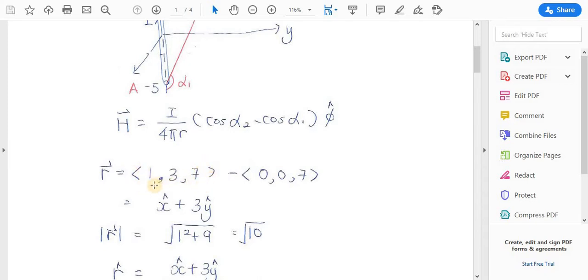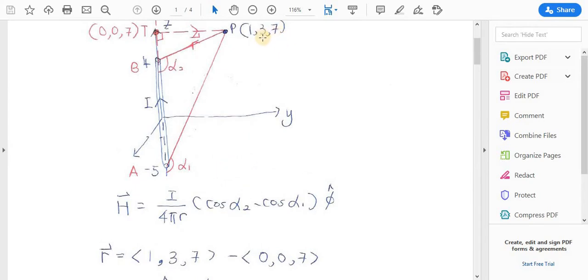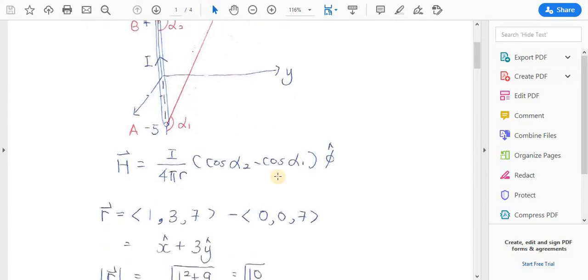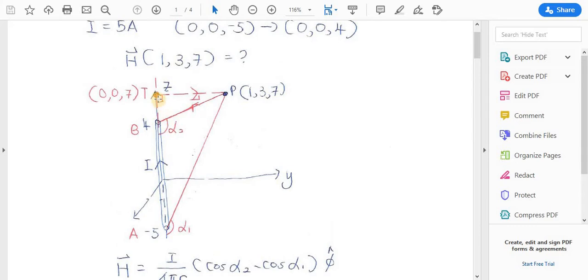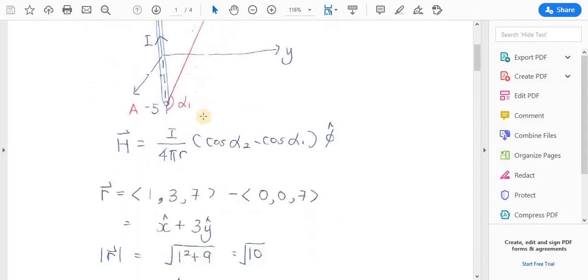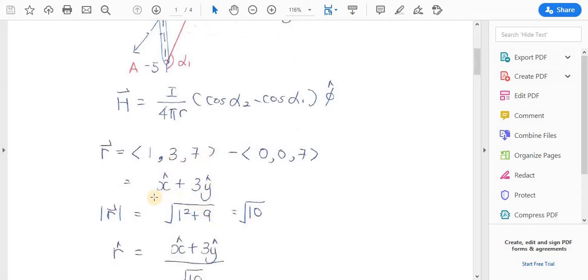So the vector of the observation point minus the vector of the source point, which is point T. When you subtract, you get 1 for X and 3 for Y, and 7 minus 7 gives 0. So this will be your vector R.